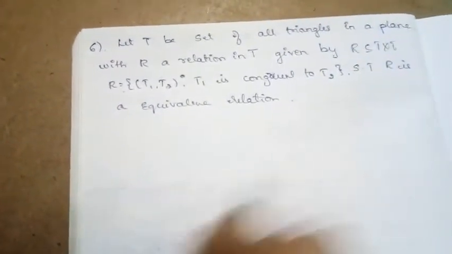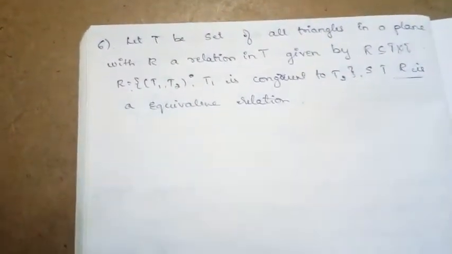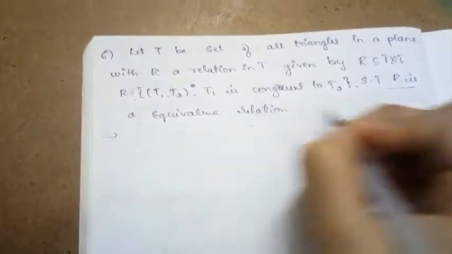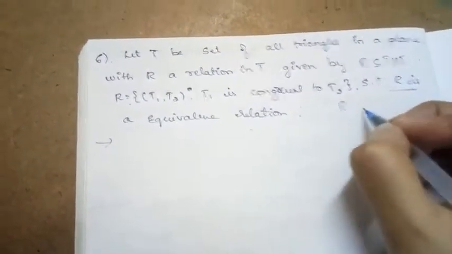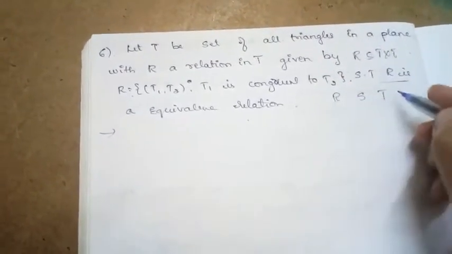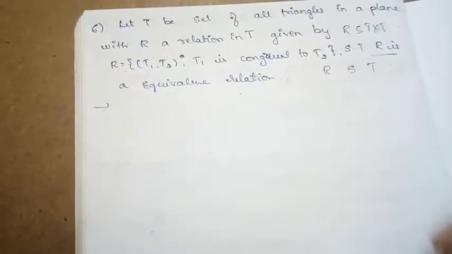We need to show that this relation is an equivalence relation. To say it is an equivalence relation, I need to show it is reflexive, symmetric and transitive. If it satisfies all three conditions, then that relation becomes an equivalence relation.